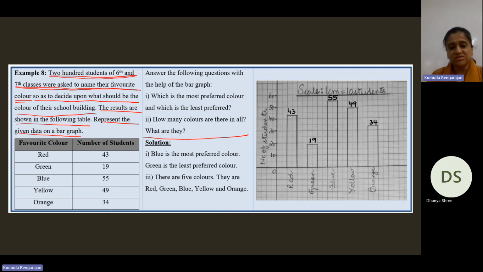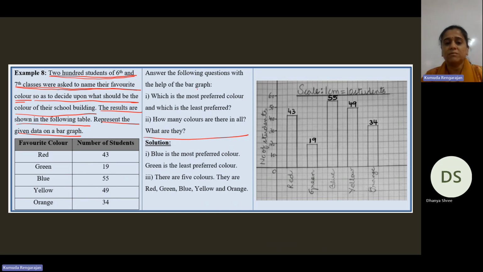Now this table is given to you. The favorite color of 43 students is red. The favorite color of 19 students is green. 55 students is blue. 49 students is yellow. And 34 students is orange. Answer the following questions.